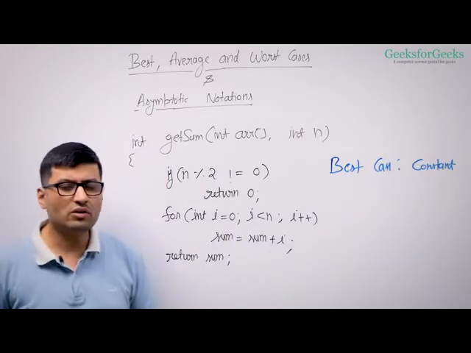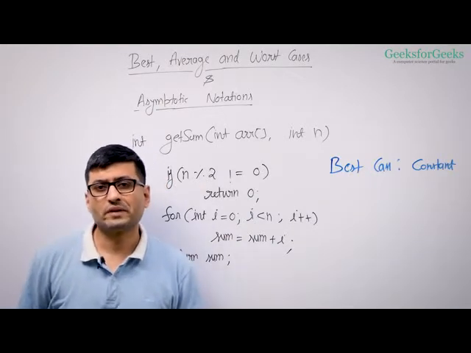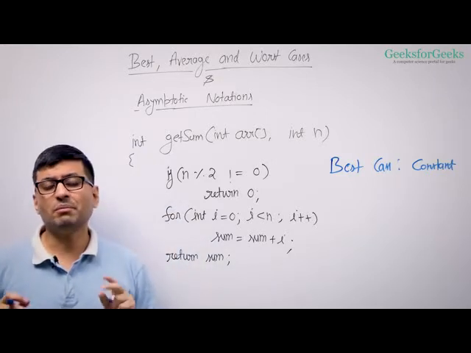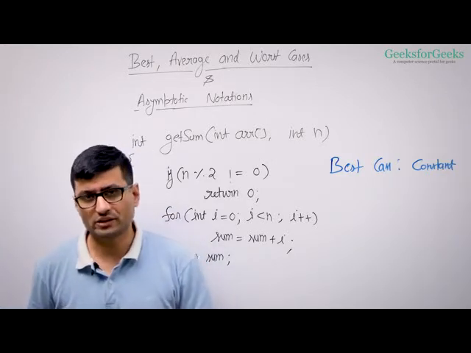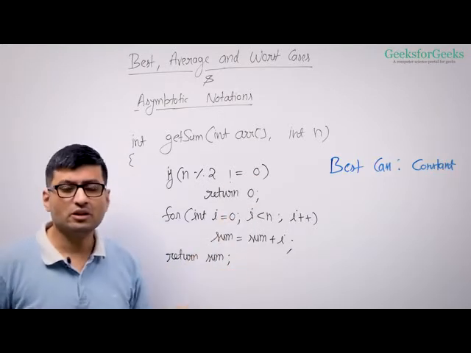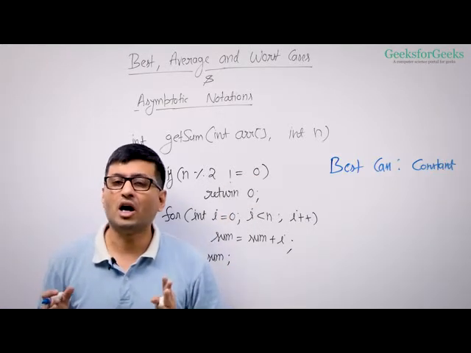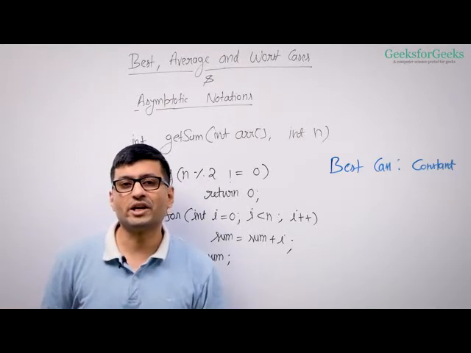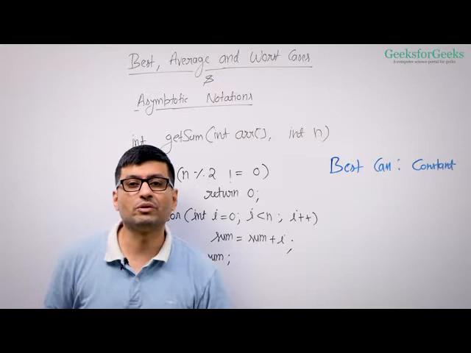Let's now talk about average case. See, average case is something which is many times impractical to guess. You have written this function, you do not know how your users are going to use it. How are they going to provide input, and which input is going to be with what frequency?